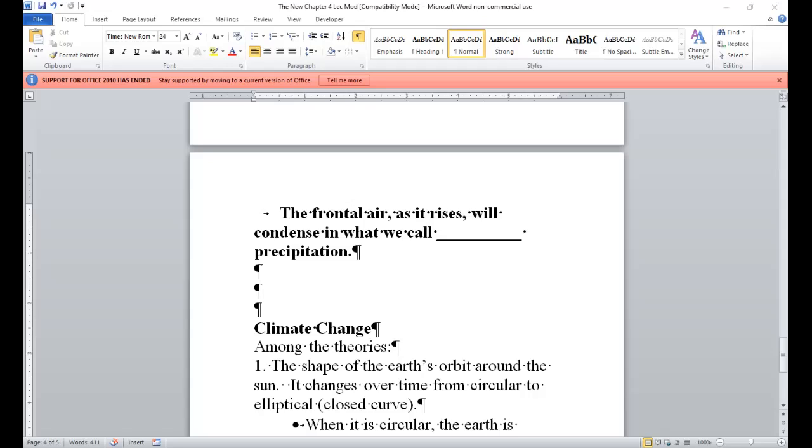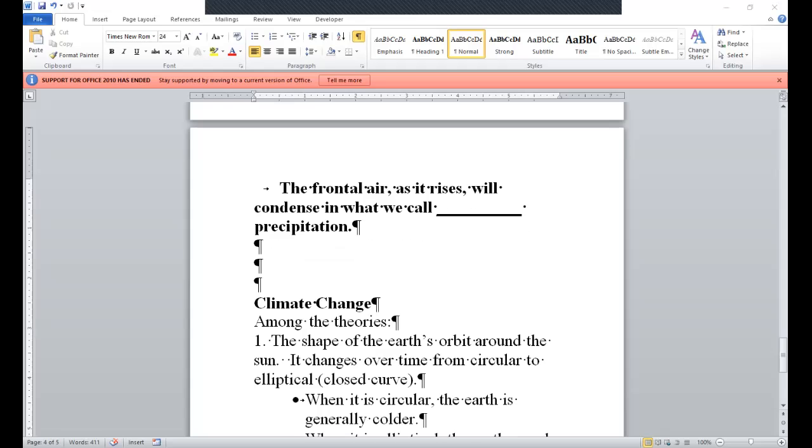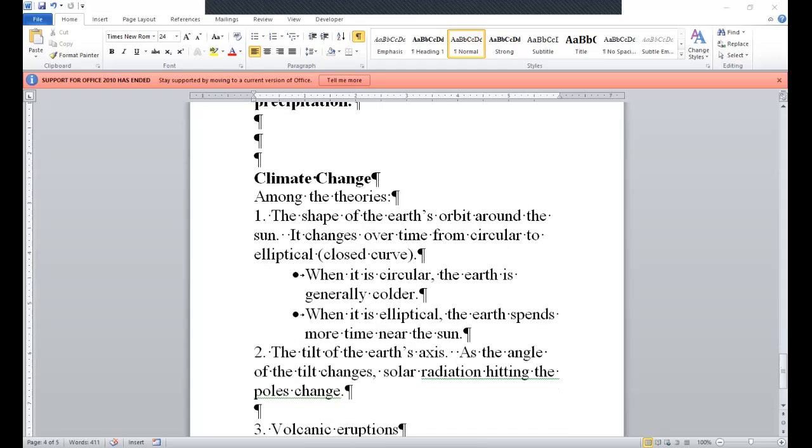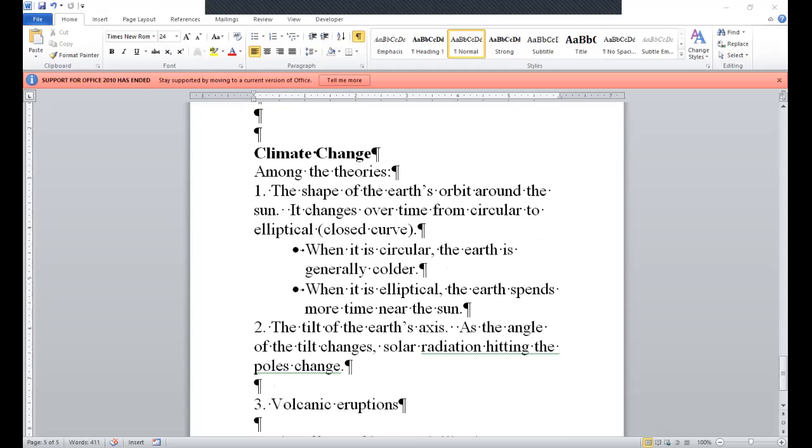Lastly, we're talking about climate change, and here are the notes for that. A topic of great current interest is climate change, and there's a lot of debate about the amount of change that climates are undergoing.